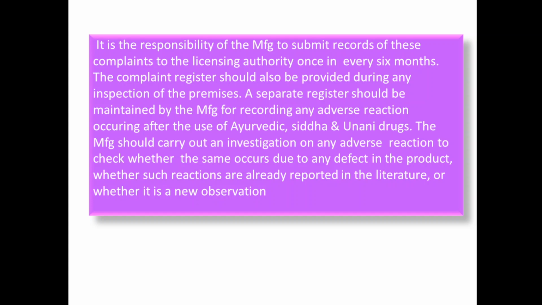The complaint register should also be provided during any inspection of premises. If there is any inspection of the manufacturing unit, the register of complaints received from consumers should be maintained and provided to the inspectors.